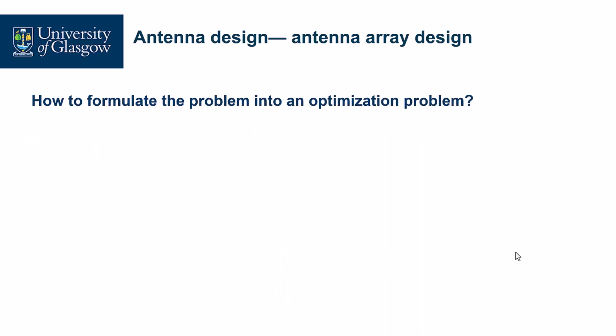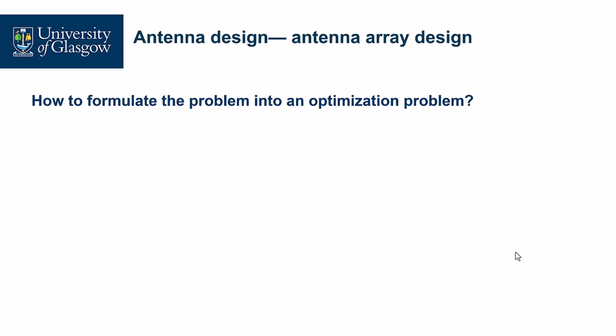According to what we have just learned, should the SLL be set as an objective or a constraint? It's an objective, right? Because the designer is not sure if he can meet the minus 20. If it cannot, he or she needs to see how small it is and decide the next step. This means we want to minimize the SLL, to see what happens.